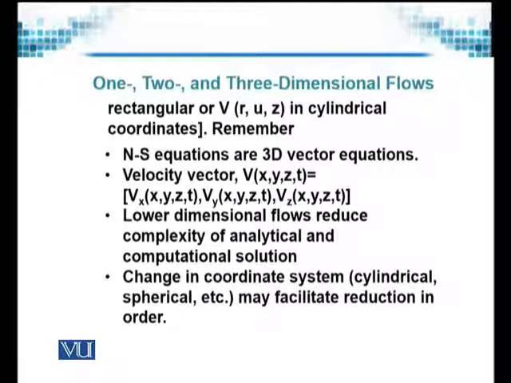Generally we take three-dimensional coordinates, and where appropriate, it's good to transform the equation of motion from x, y, z to either cylindrical coordinates or spherical polar coordinates, because those coordinates are meant for that specific geometry in which the fluid flow is taking place.